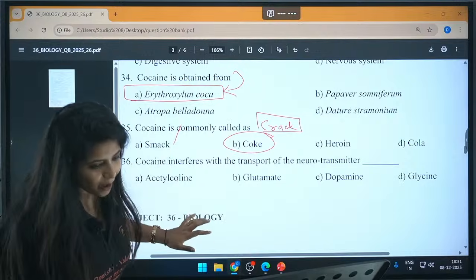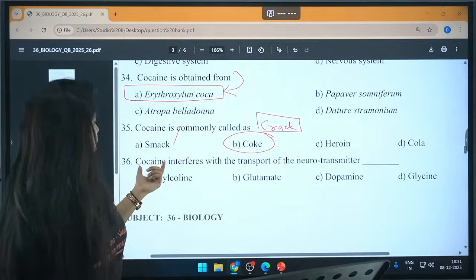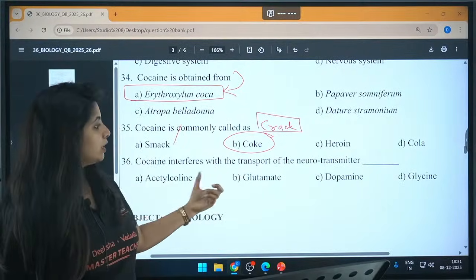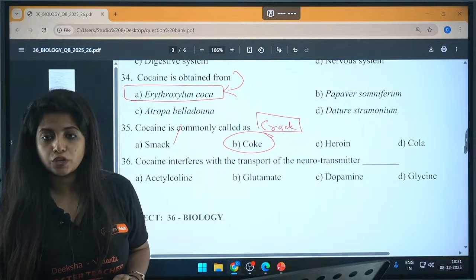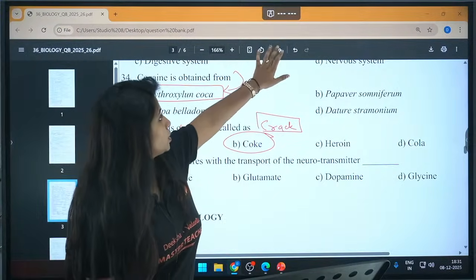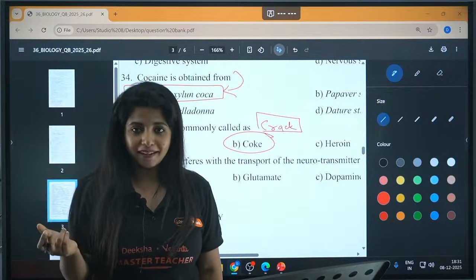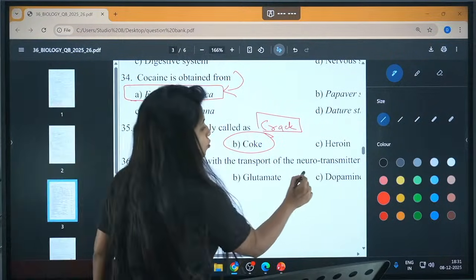36th question. Nagaraj has already started giving me the answer. Let me go ahead. Cocaine interferes with the transport of the neurotransmitter acetylcholine, glutamate, dopamine and glycine. What is the answer for this question? Cocaine interferes with the transfer of what? So cocaine affects our central nervous system again. In our central nervous system, you have a neurotransmitter which is known as dopamine.